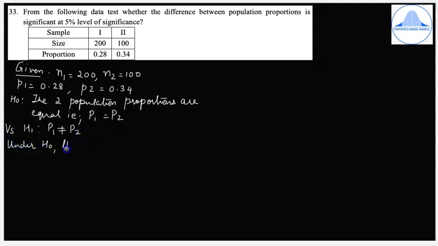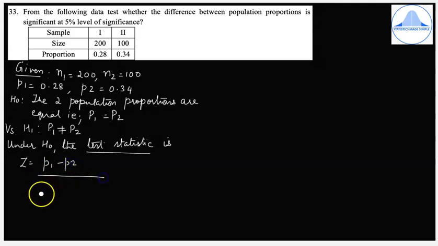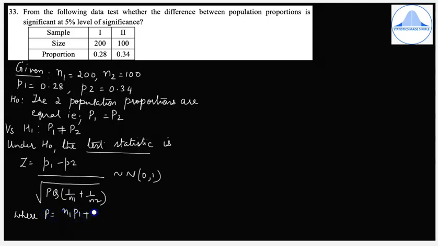Under H0, the test statistic is Z equal to P1 minus P2 divided by root PQ into 1 by N1 plus 1 by N2, which follows normal 0, 1, where capital P has the formula N1 P1 plus N2 P2 divided by N1 plus N2.